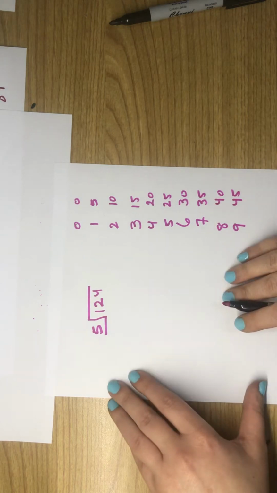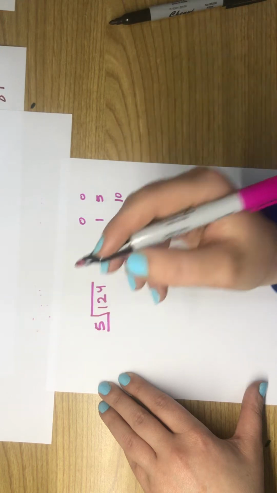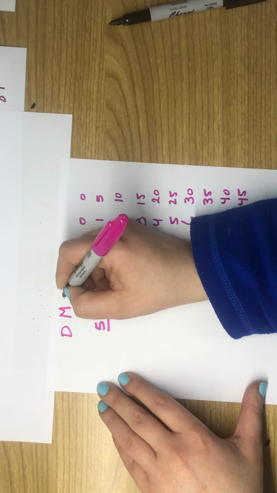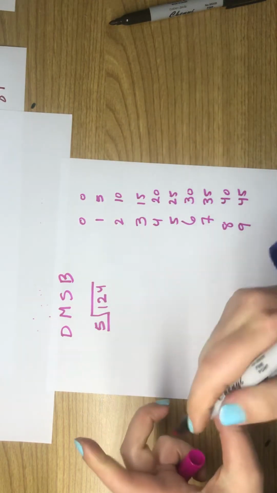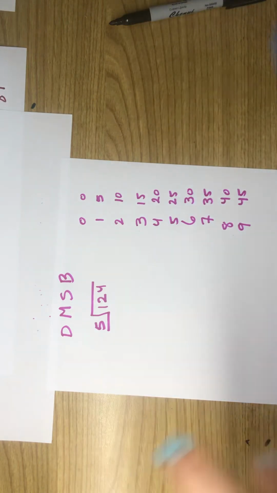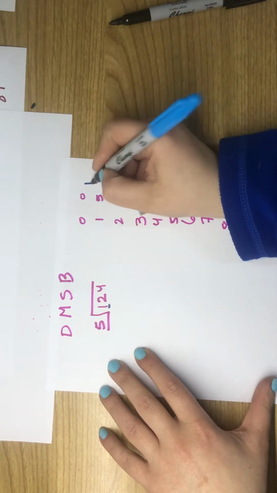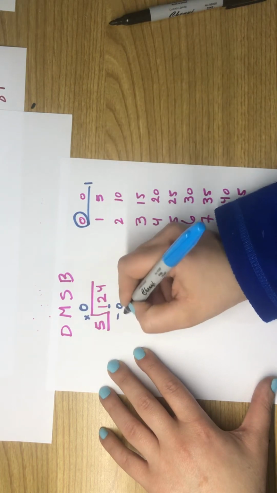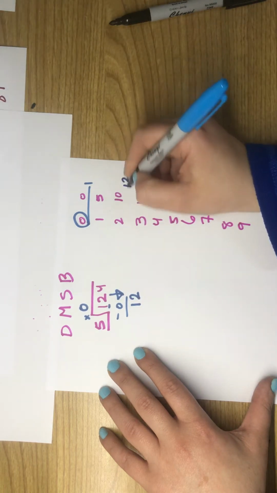I'm not going to slow down, guys. Please practice long division if you didn't master the skill yet. Divide, multiply, subtract, then bring down. 1, it's here. 0 up, multiply, 0, subtract, bring down 2. 12, it's here.